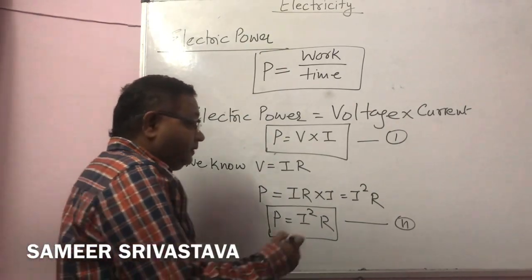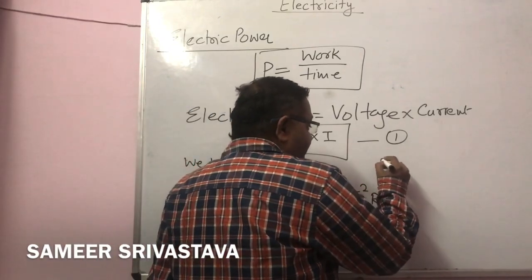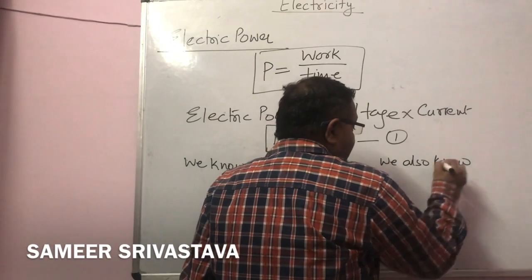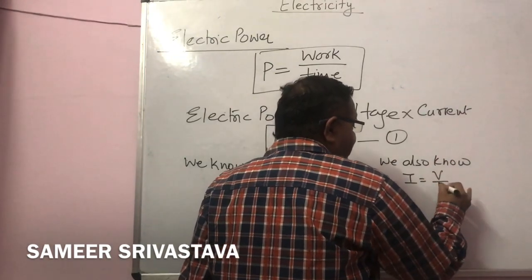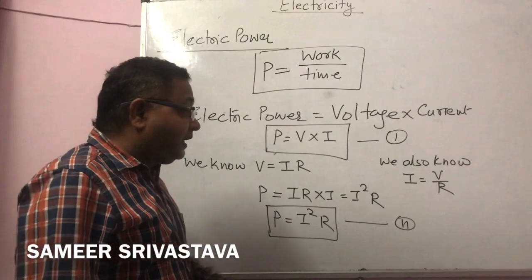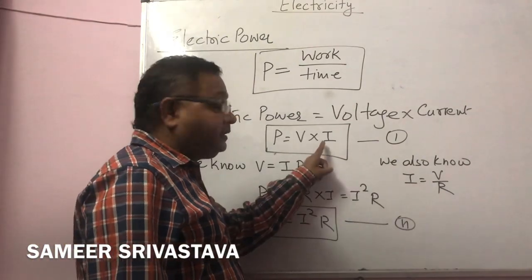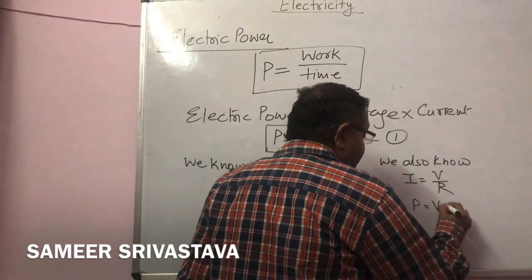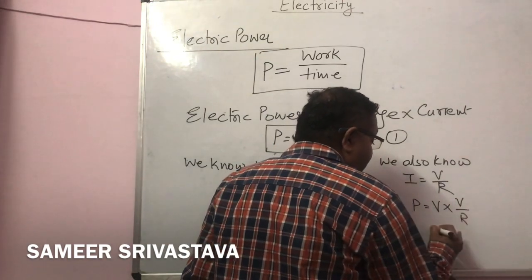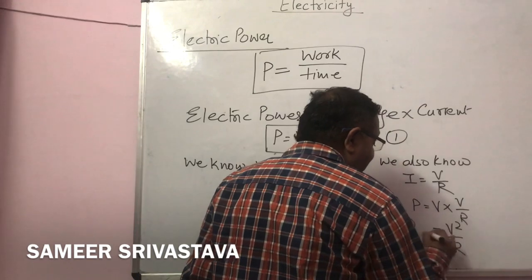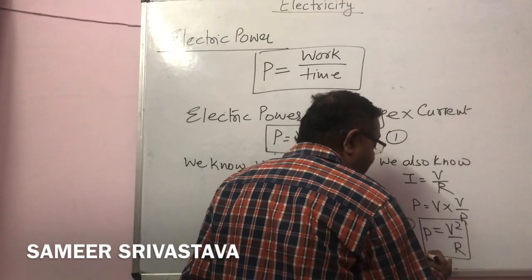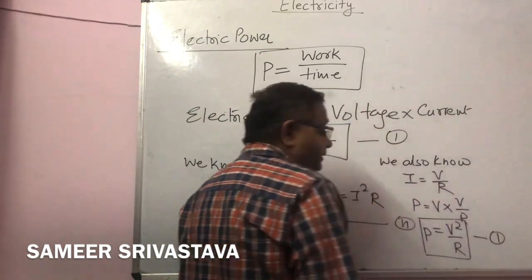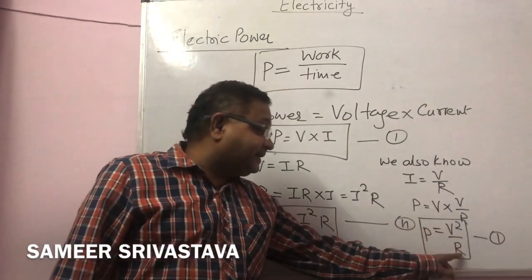Now, third point, we also know that I is equal to V by R. Now we put I is equal to V by R in the basic equation of power. Now we can write P is equal to V into V by R, or V square by R. This is the third formula to find the power where the voltage and resistance are given.